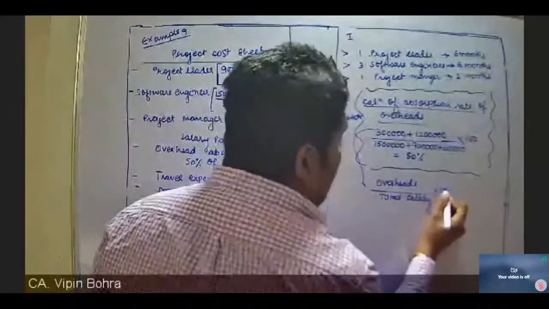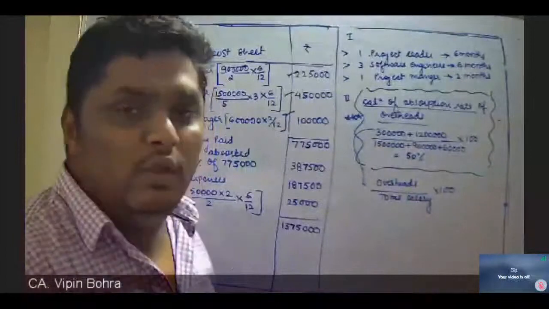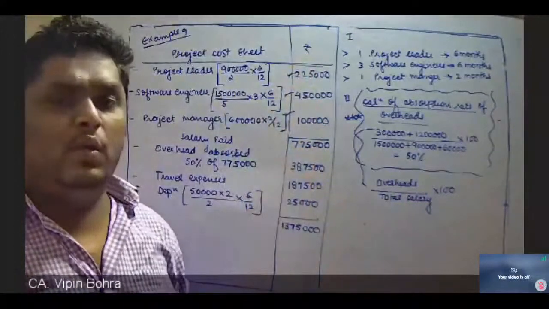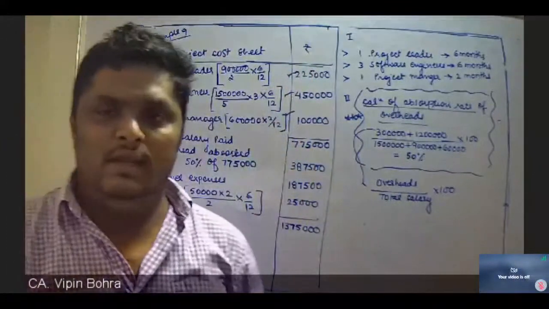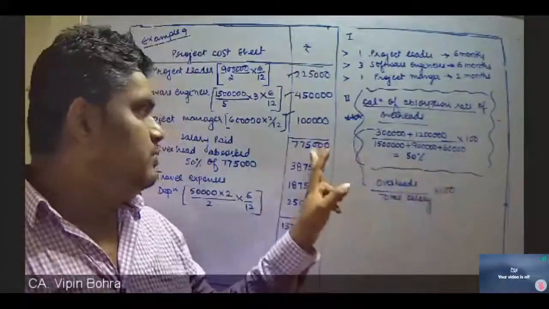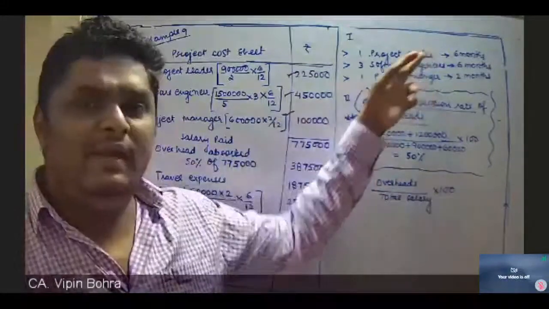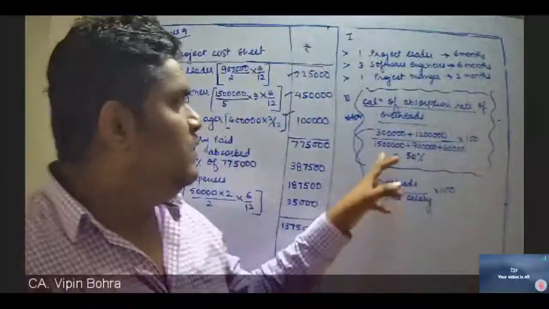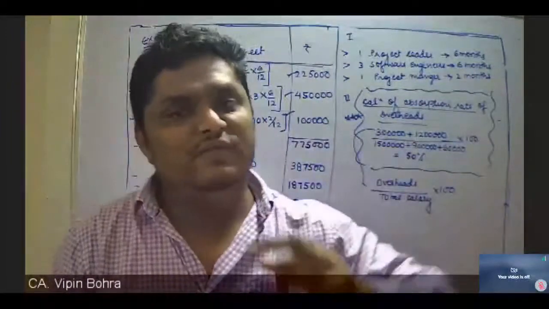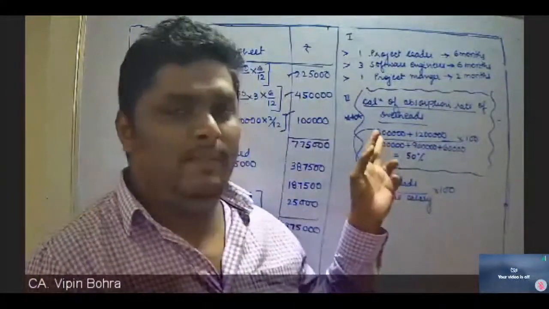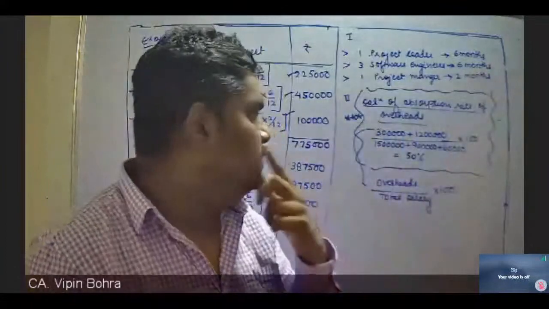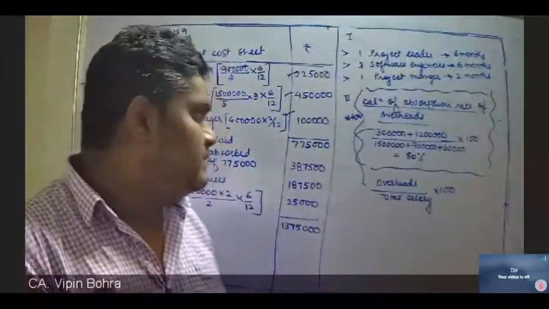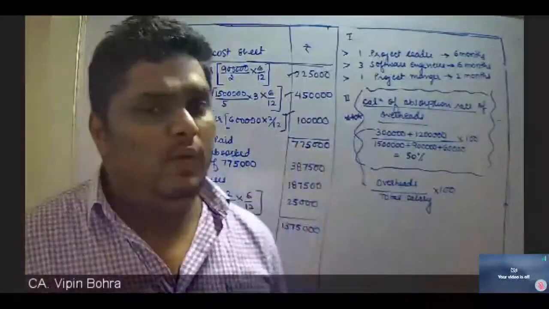Since I have calculated it on the basis of salaries paid, in this project also we have paid a total salary of 7,75,000. And accordingly, I have used the absorption rate that whatever the salary paid, 50% will be the overhead. In aggregate for a year, the total salaries paid were 30 lakh, of which 50% were the overhead. So in this project also, the salary paid is 7,75,000, of which 50% will be the overheads.